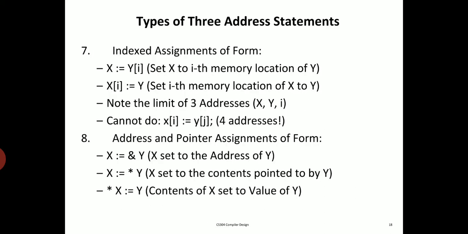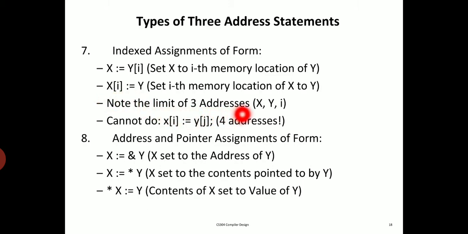Another type of three-address statement is indexed assignments, that is in the case of arrays. x is equal to y of i means the array name is y, and the contents of its ith location will be assigned to x. The second statement, x of i is equal to y, indicates that the content of y will be copied to the ith location of the array named x.